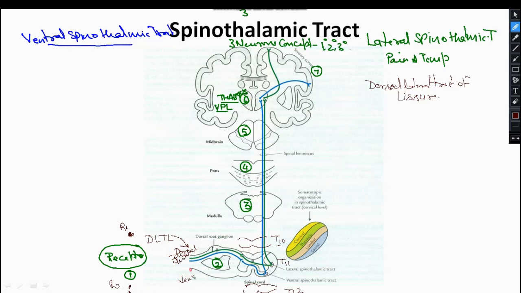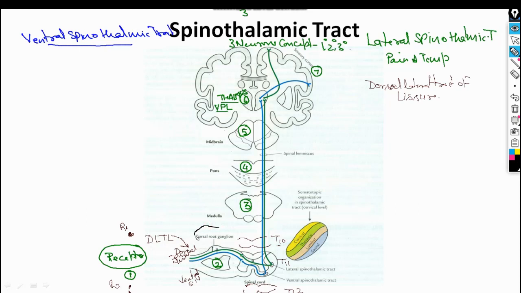The tract we see here is in two colors: green represents the lateral spinothalamic tract, and blue represents the ventral spinothalamic tract. So the first order neuron passes from this dorsal root ganglion.